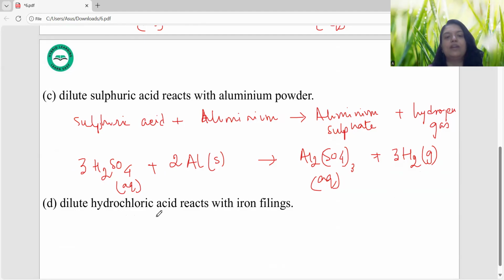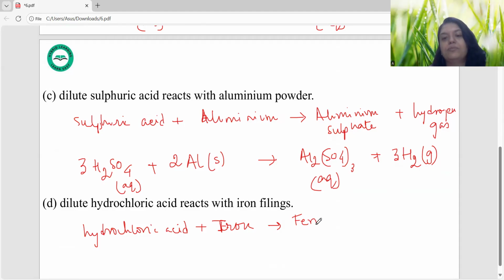Last one, dilute hydrochloric acid plus iron filing. Same way, hydrochloric acid plus iron will give you, either you can write iron chloride or you can specifically write ferrous chloride.